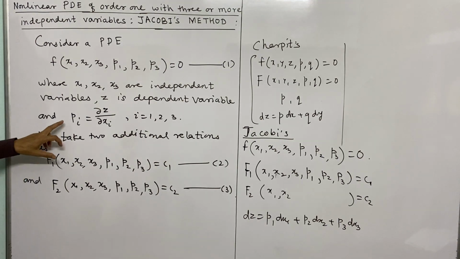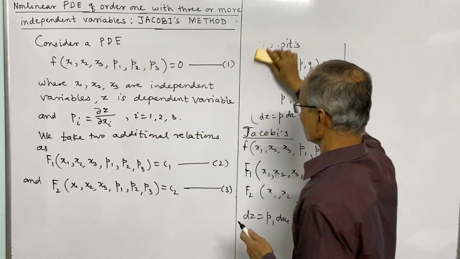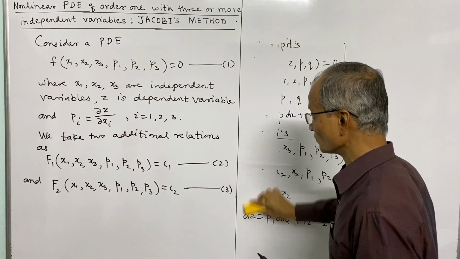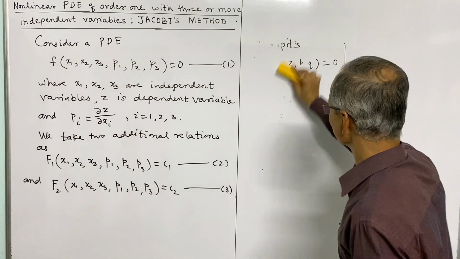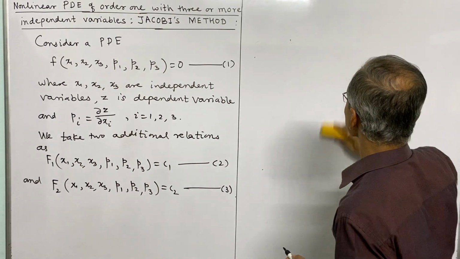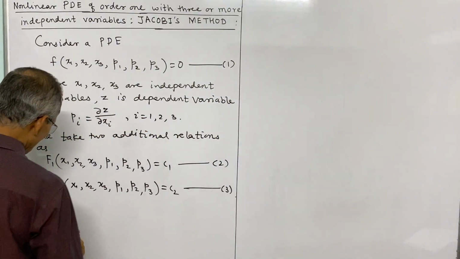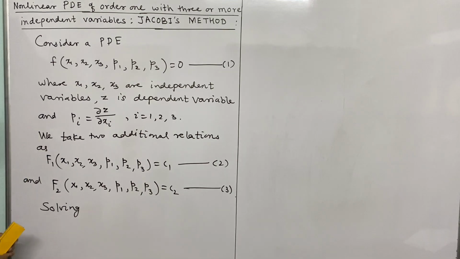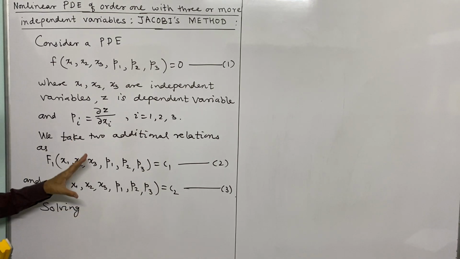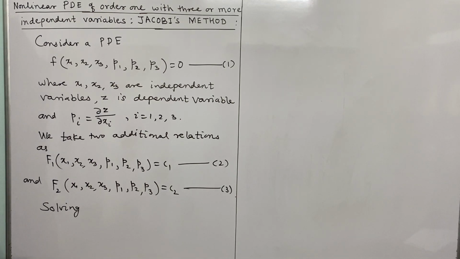Here Pi is dou z by dou xi. We have to solve these equations. We solve 1, 2, 3 and obtain the values of P1, P2, P3. We will write briefly the procedure of what we are going to do, and then we will obtain the actual steps in the method.